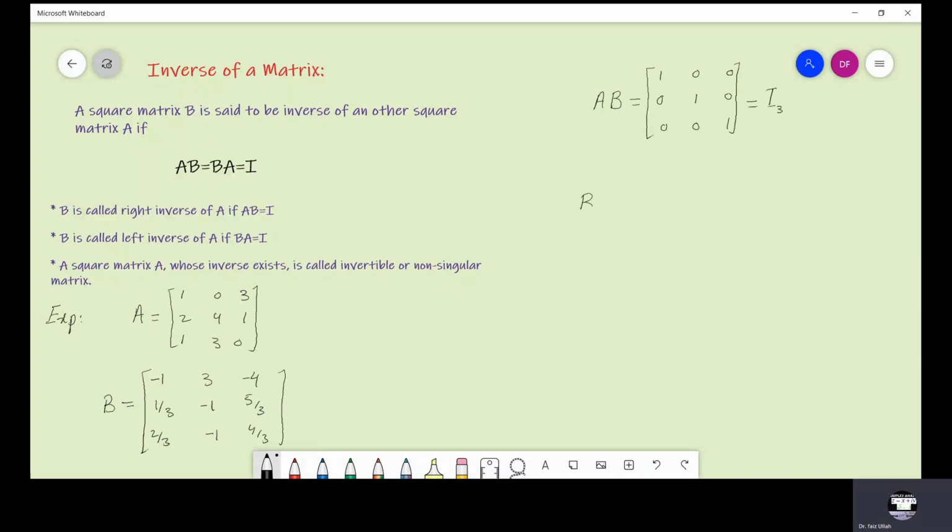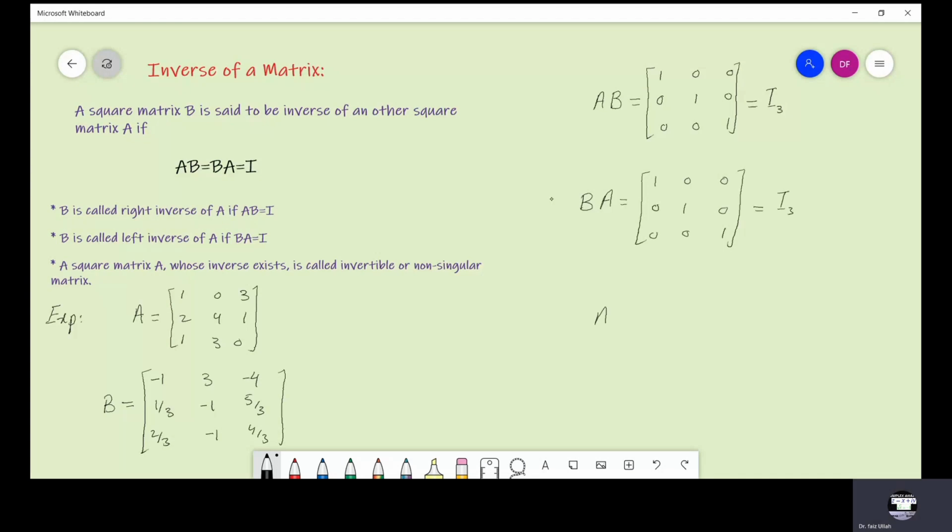In a similar procedure, if we obtain BA and simplify this, we will get 1 0 0, 0 1 0, 0 0 1, which is again I3.